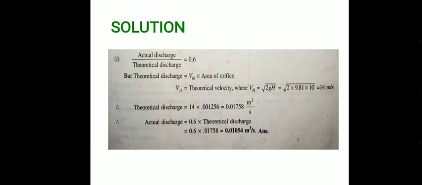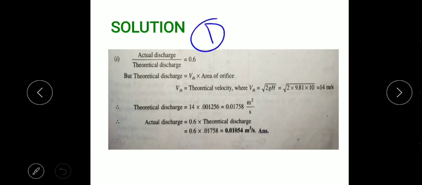Both values are unknown to us. All we have is the coefficient of discharge, which is equal to 0.6. For finding the actual discharge through the orifice, first of all we have to find out the theoretical discharge. Theoretical discharge is equal to theoretical velocity into area of orifice.